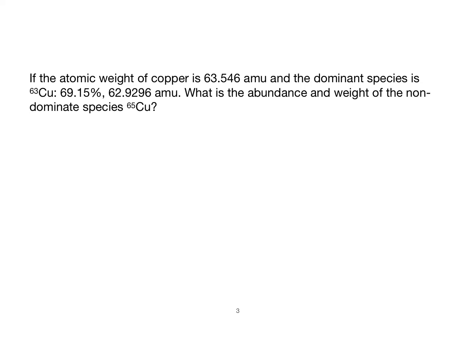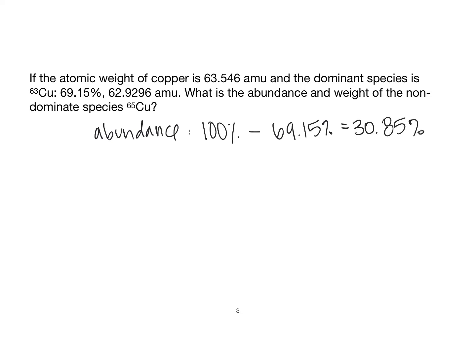What is the abundance and weight of the non-dominant species? The abundance is 100% minus 69.15%, and that gives you 30.85%. We were able to determine that because all of the isotopes add up to 100%.